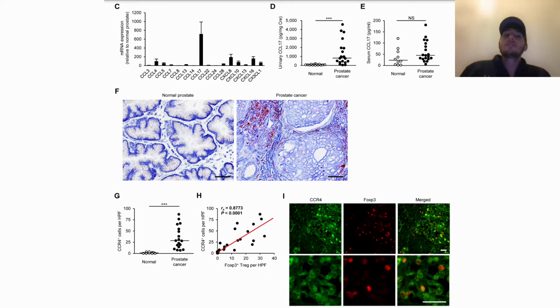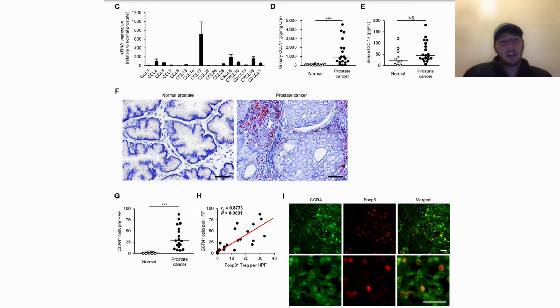These are also markers, just like the IL-10 or TGF-B mRNA genes. There's a high amount of CCL17 in the urine and in the serum compared to normal. But of course, as you can see here, there was more urinary CCL17 compared to serum CCL17 in the normal versus the prostate cancer data set right here.